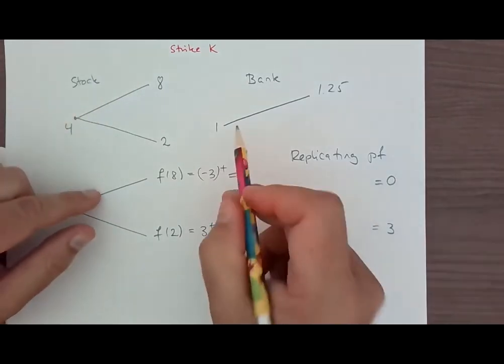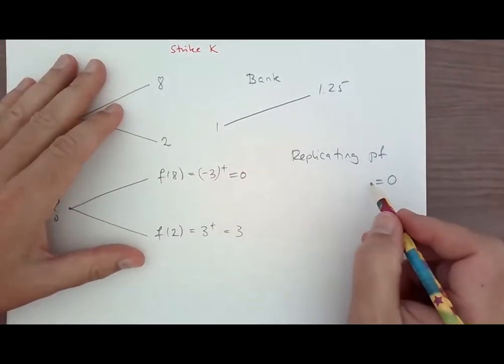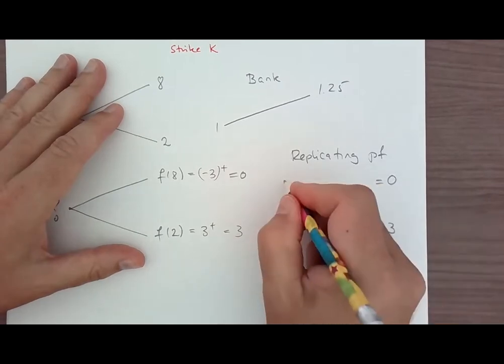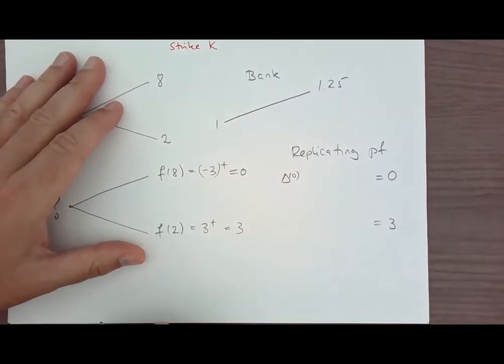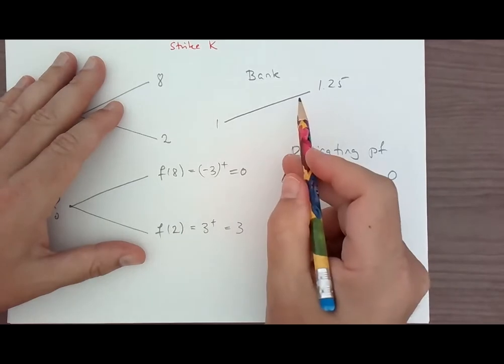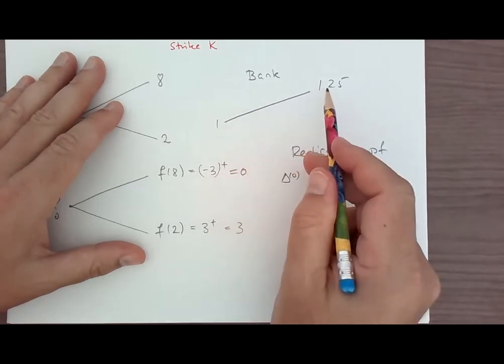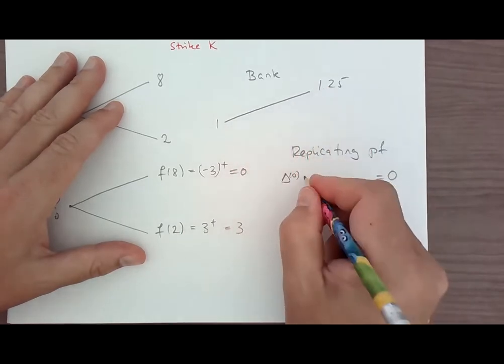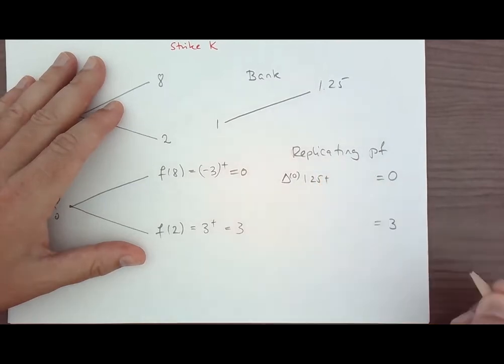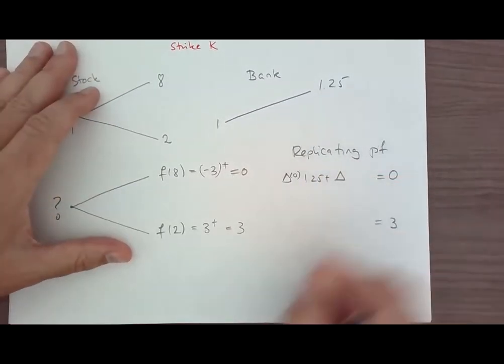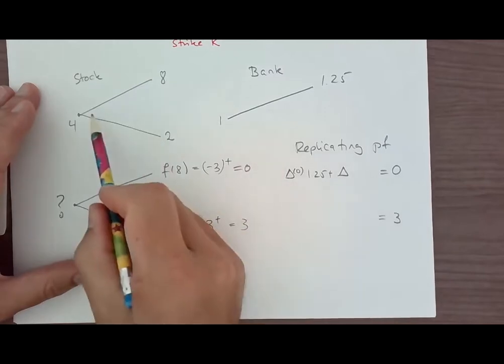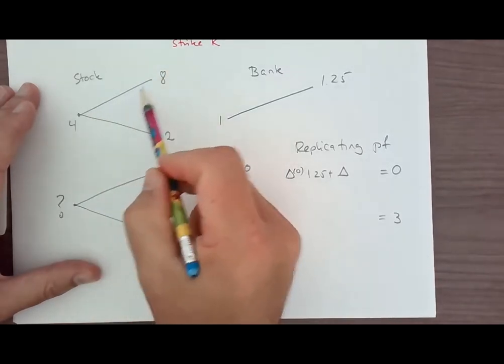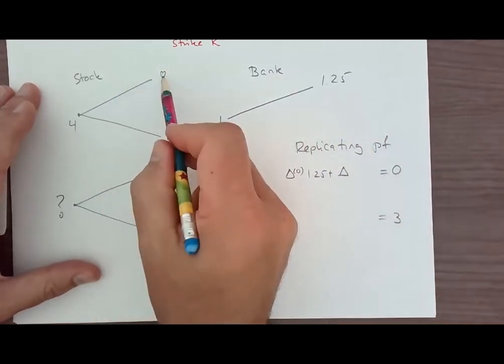So I know I want to get 0, and I know I want to get 3. In the upstate, I want to get a 0. So what is the value of my portfolio in the upstate? Well, I'm going to hold this many units of the bank, and the bank's value at time 1 is always 1.25. And I'm going to hold delta units of the stock. The stock ends up being 8 in the upstate.